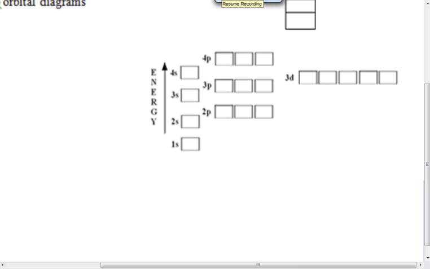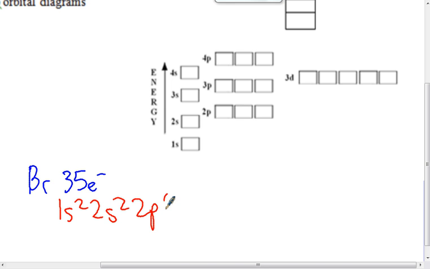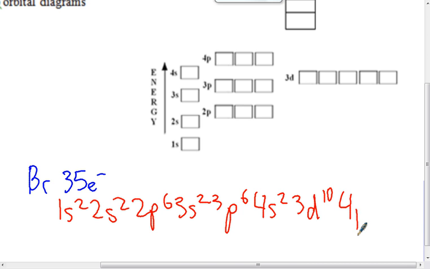Bromine. Bromine has 35 electrons, and so you go to Aufbau's order, and it's 1s2, 2s2, 2p6, 3s2, 3p6, 4s2, 3d10. But when we get to the 4p's, we run out of electrons. 4p's could hold 6, but there's only 5 left, so it's going to end with 4p5.